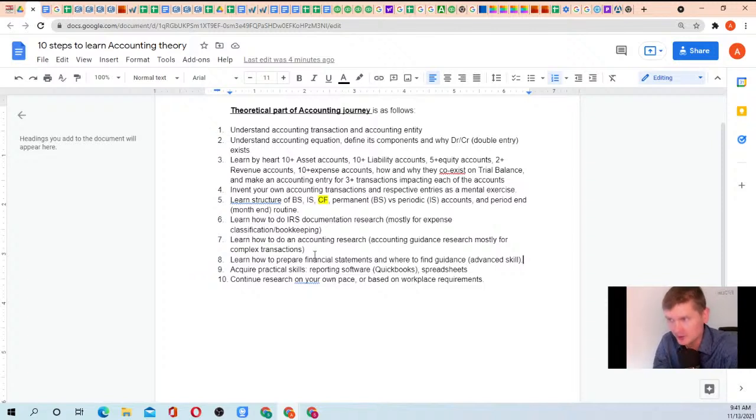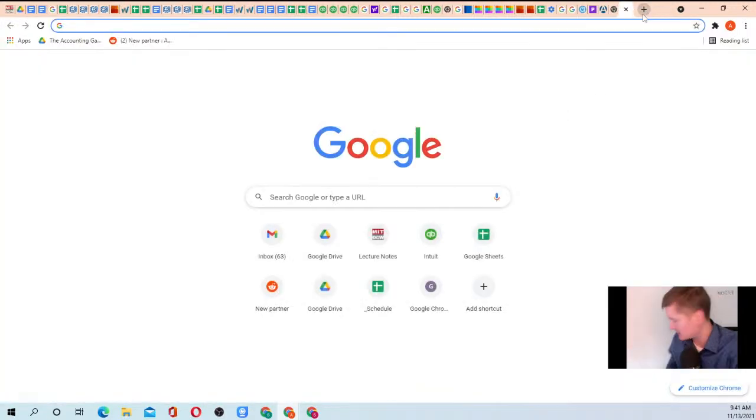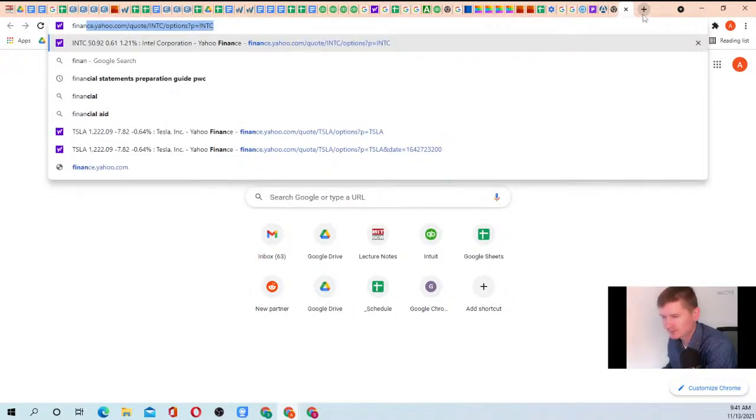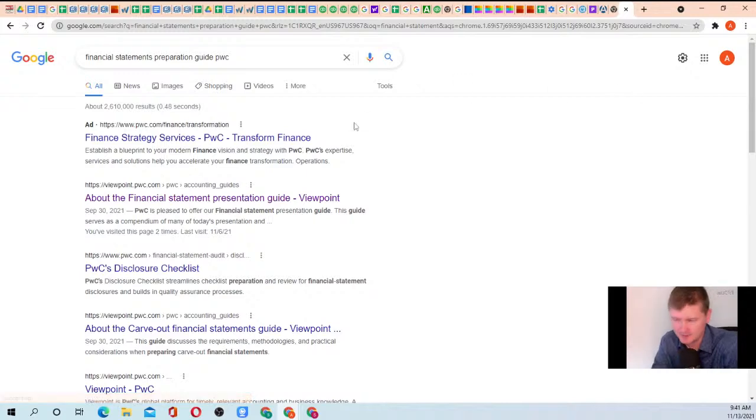If you remember, during working on the balance sheet and income statement, we dug into the financial statement preparation guide. It can easily be found in Google, as everything else.